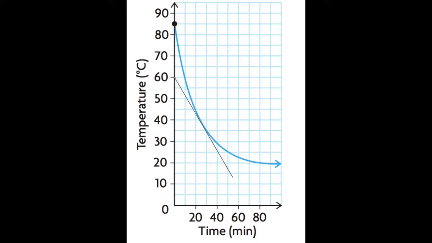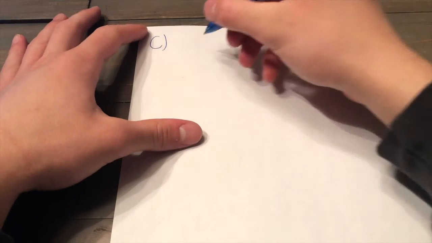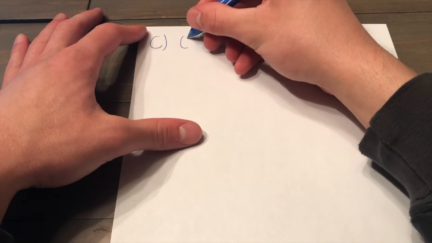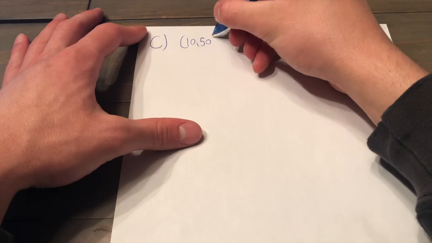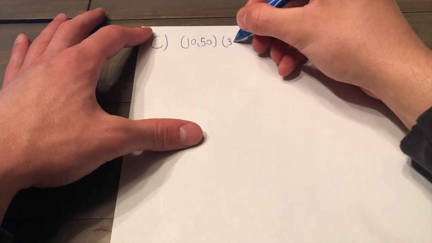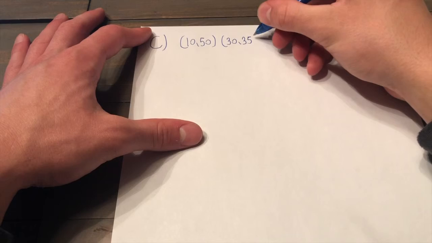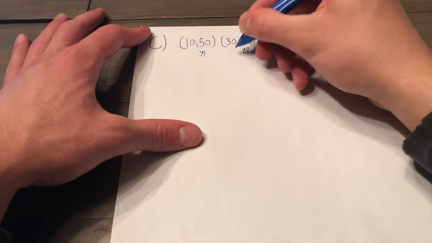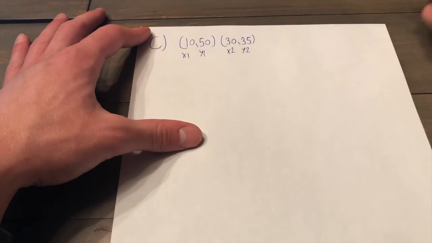So we can use that point and now use our slope equation to estimate the slope of this tangent line. I'm just going to jot down the points again. So (10, 50) and (30, 35). We can now label these. So 35 is y2, 50 is y1, 30 is x2, and 10 is x1.